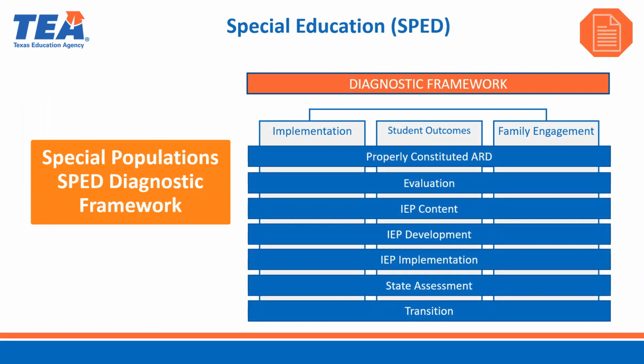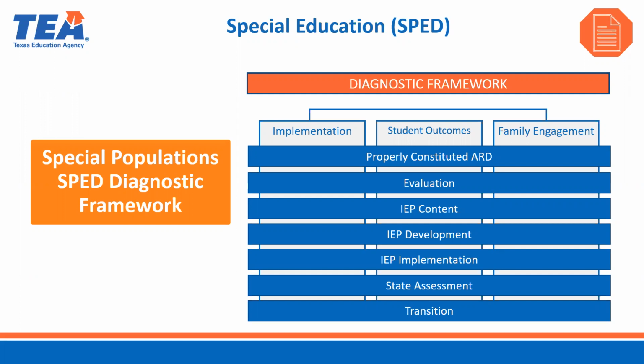TEA's Special Education or SPED framework includes a system of general supervision that emphasizes a data-driven, systematic approach to compliance and improvement of outcomes consistent with the federal intent for students with disabilities served in special education.